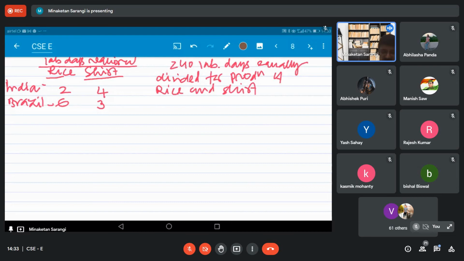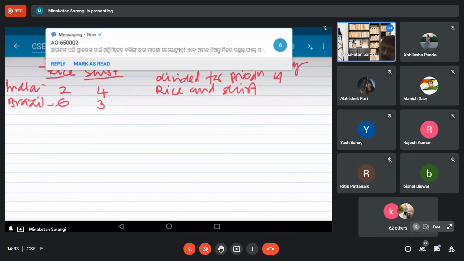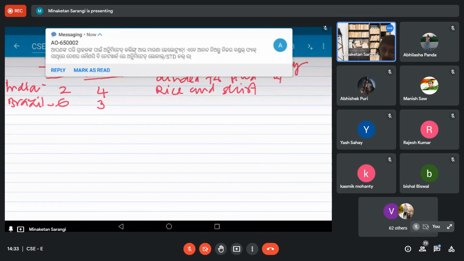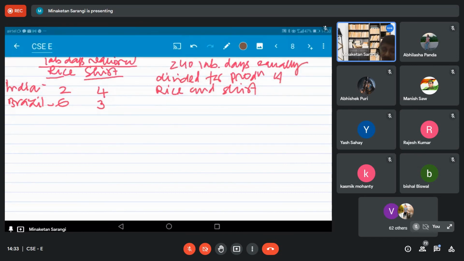Now I am revising the figure. I am taking it, let us say, this is 2 and 3. One case. Another case, let us assume this will be 3 and this will be 4.